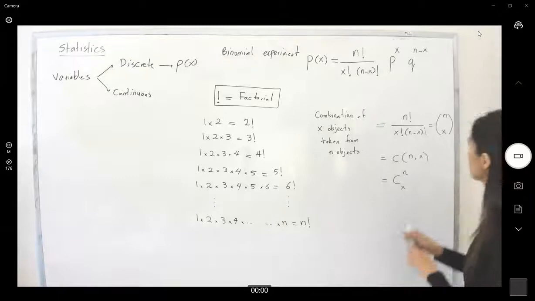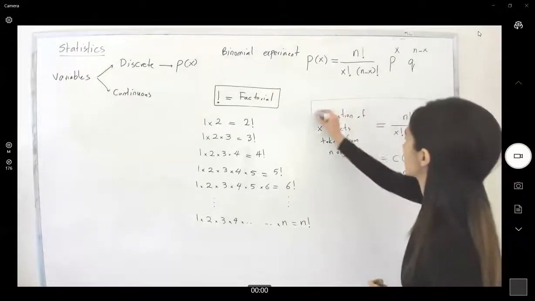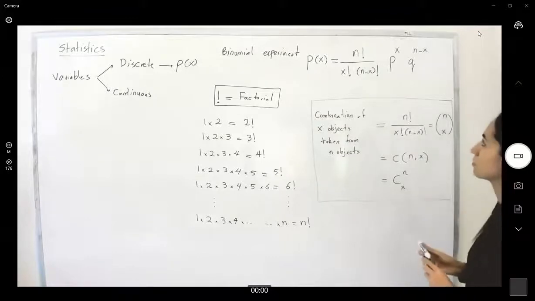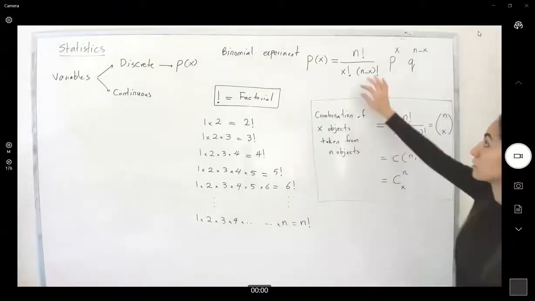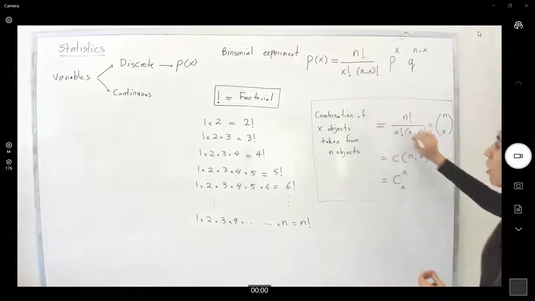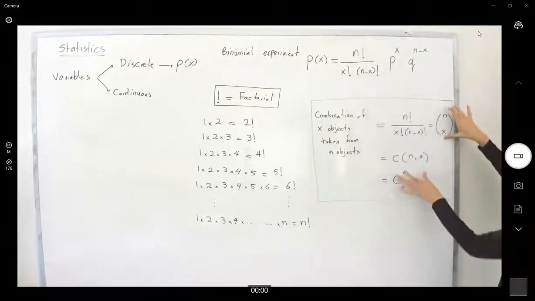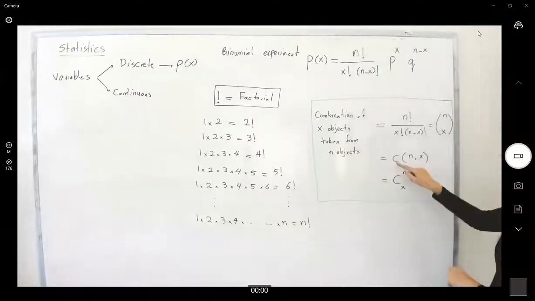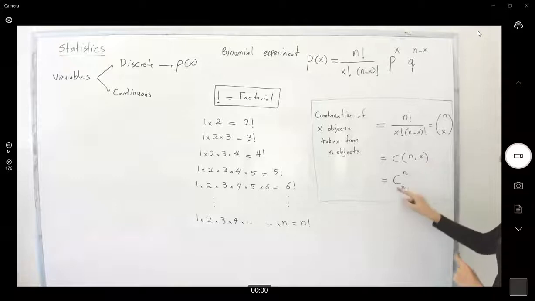Combination. We can replace this fraction by either of these representations: x taken from n, C of n comma x, or C of x out of n.